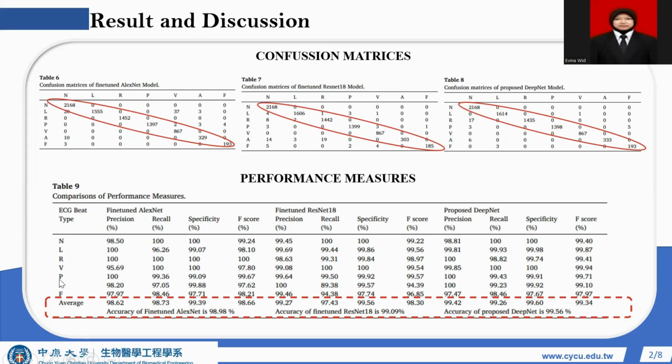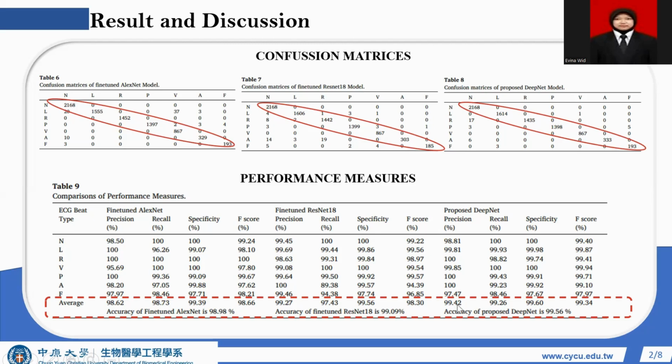And we see another comparison of performance measures, which are precision, recall, specificity, and F-score, and the average. This is AlexNet, this is ResNet, and this is DeepNet. The score is around 98% for AlexNet, about 99% for ResNet, and for DeepNet about 99% but higher than ResNet.